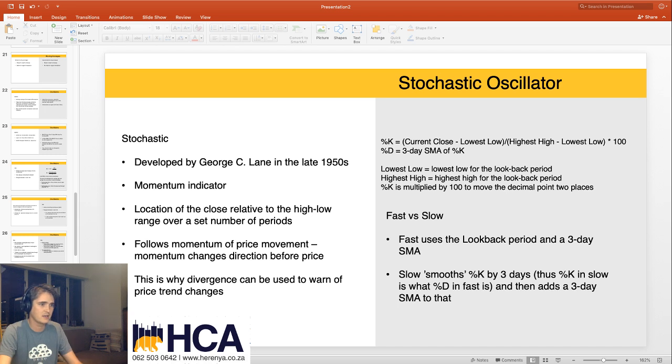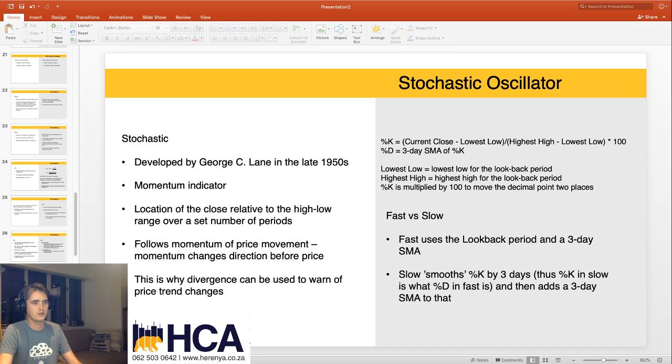So let's look at a stochastic, not a stochastic RSI, that's for another day. Percentage K, we're going to make it green, nice and thick. Percentage D, we're going to make it red.